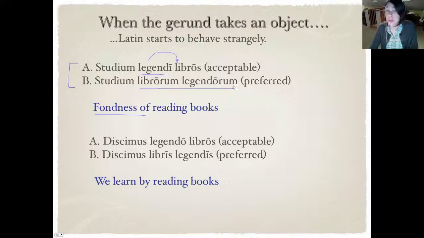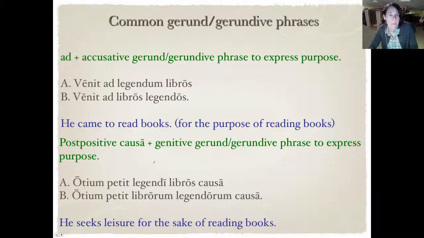Now I have a gerundive, legendorum in the genitive plural, modifying librorum. Again, another example down here. A, which is acceptable: discimus legendo libros, we learn by reading books. But again, the preferred statement is discimus libris legendis, right? That gerundive is going to be the preferred form in Latin.